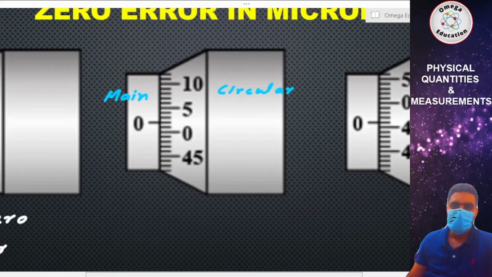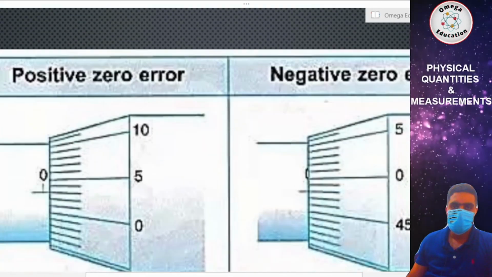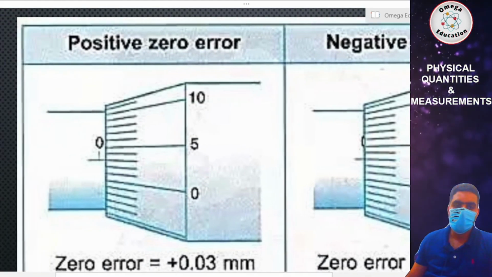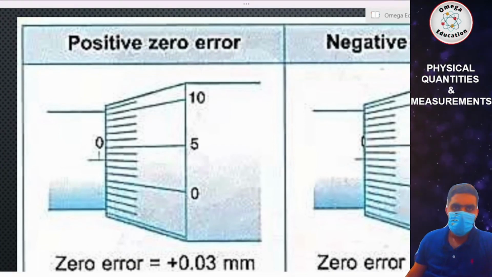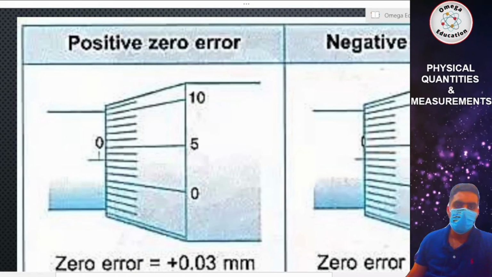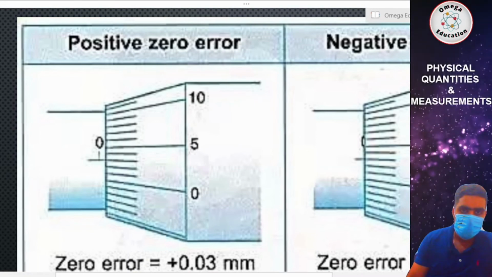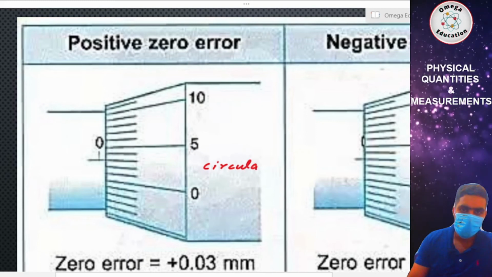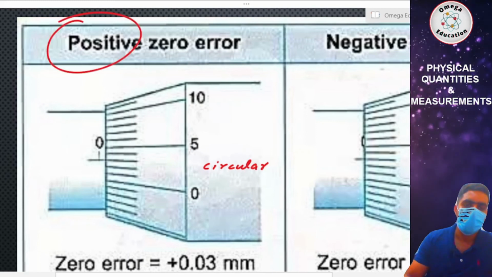So these two types are classified as positive and negative zero error. If the zero of the circular scale is below the zero of the main scale, then we call it positive zero error.